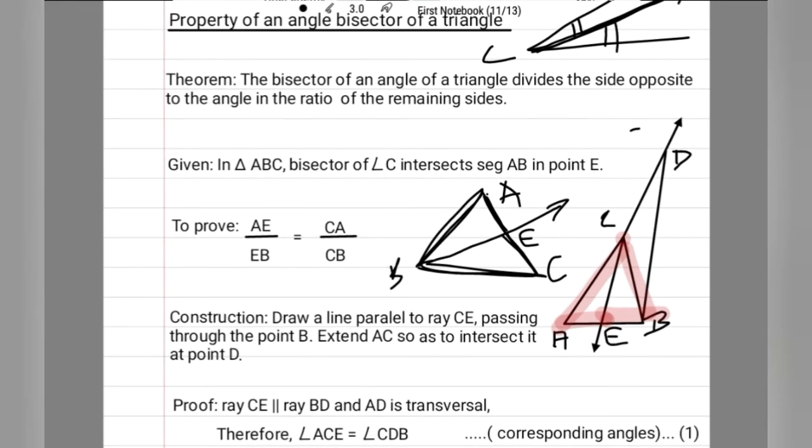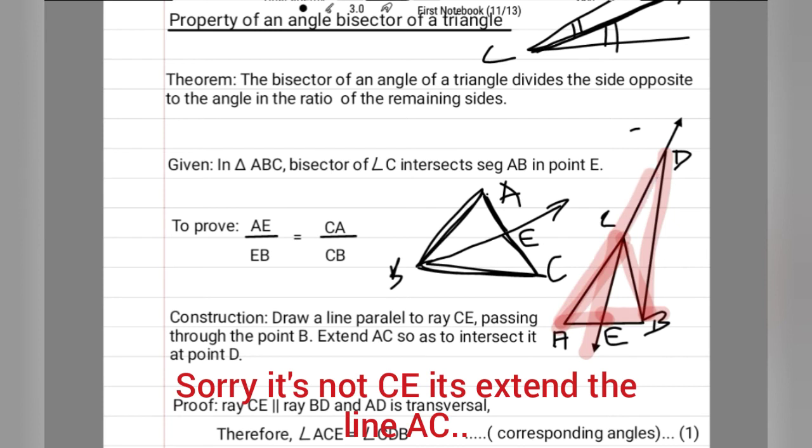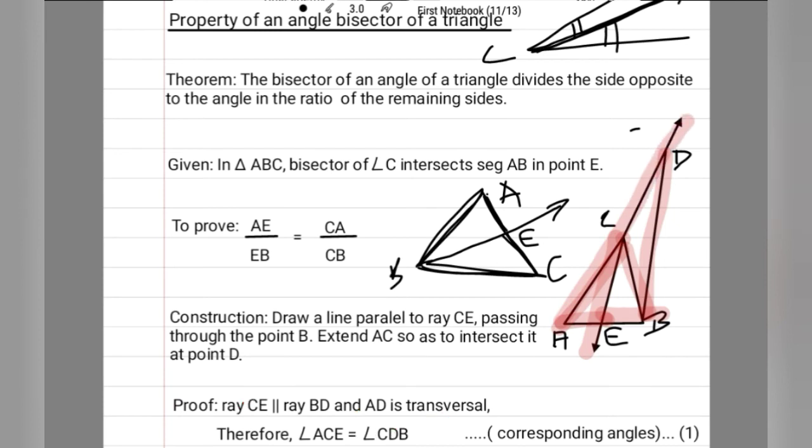For that we need to do a small construction here, that is we have to draw a line BD which is parallel to line CE and extend the line CA so that it intersects the line which we have drawn from point B at a point D. Okay, so this is the small construction we have to do. So let me clear this for further explaining the proof.